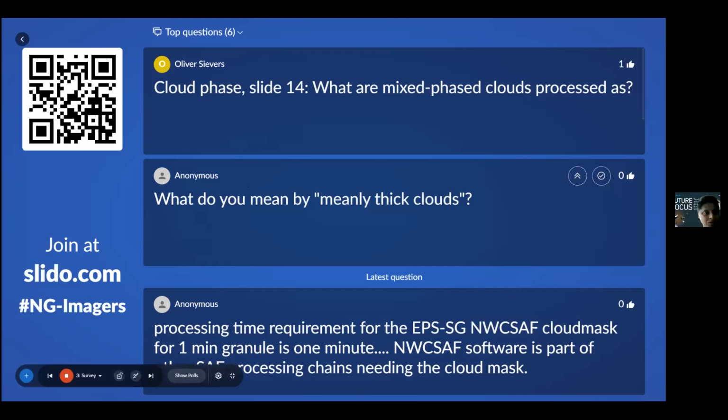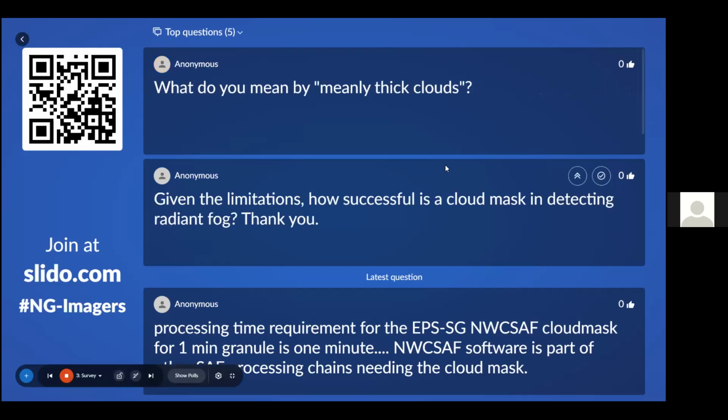Okay, I think this is also for you. Did you have mainly thick clouds in your slide? Yes, we have the expression thick clouds where the signal comes from the most upper part of the cloud. And then we have the thin ice clouds, where some of the signal comes from surfaces below the cloud.